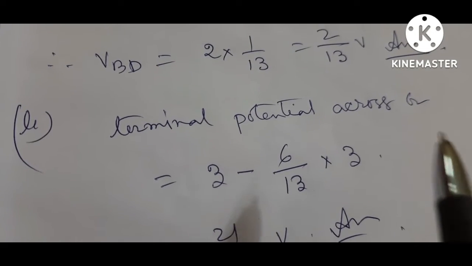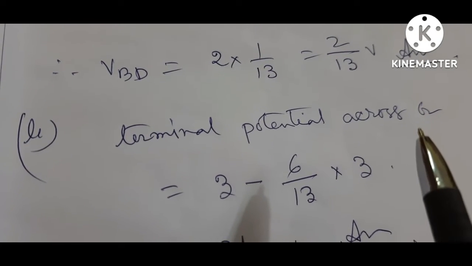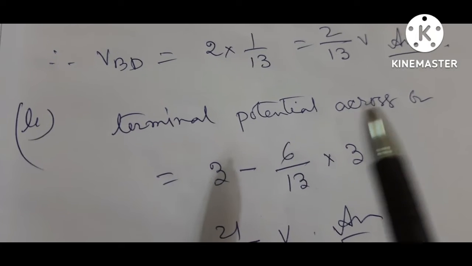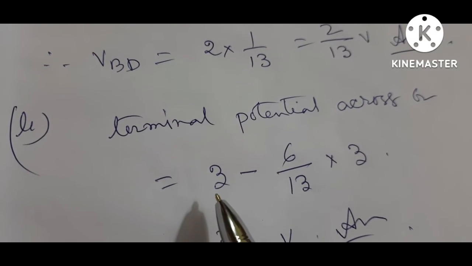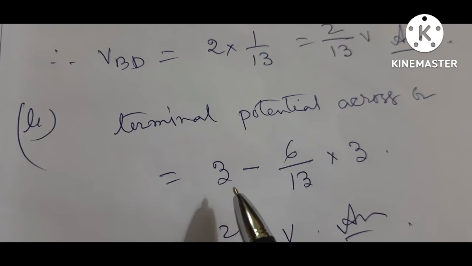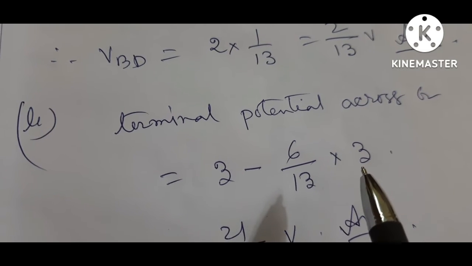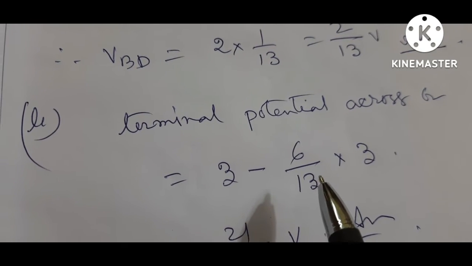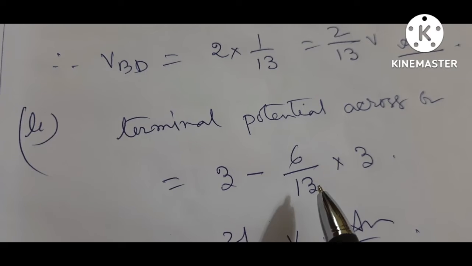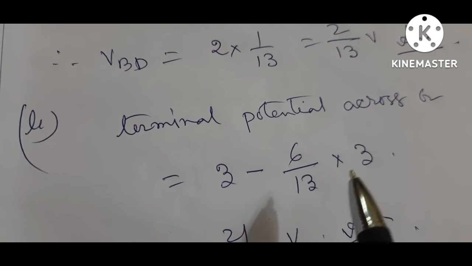Terminal potential across G: the EMF of the cell G is equal to 3, and the internal resistance is 3, with current I2 flowing through the internal resistance.